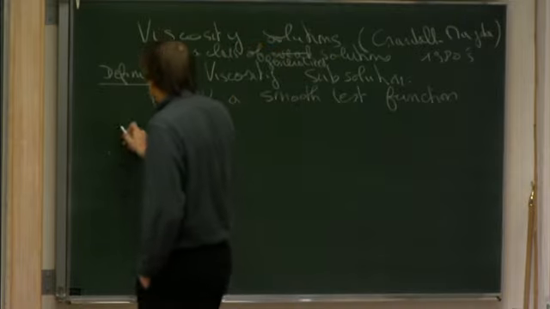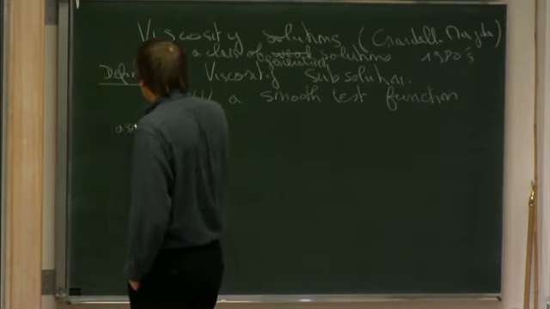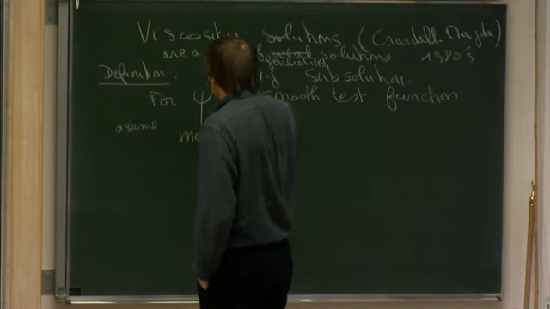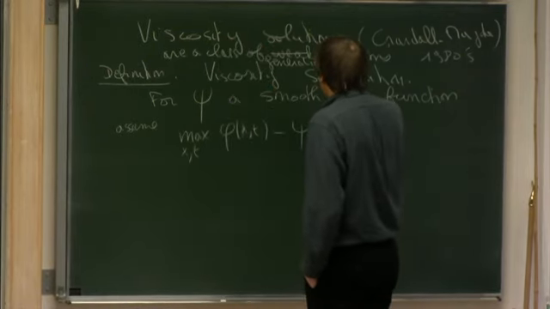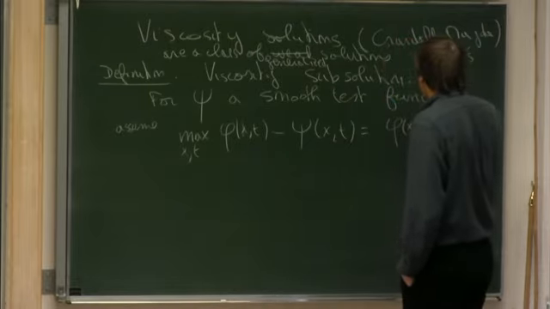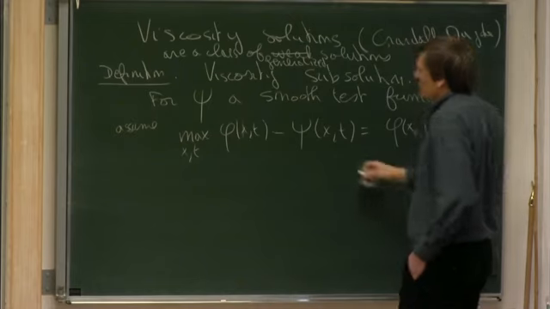You assume, or you take functions such that the following occurs: the maximum in x and t of phi of (x,t) minus psi of (x,t) is achieved at a certain point (x0, t0), which is of course usual.